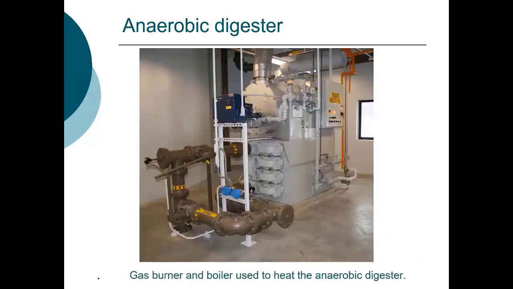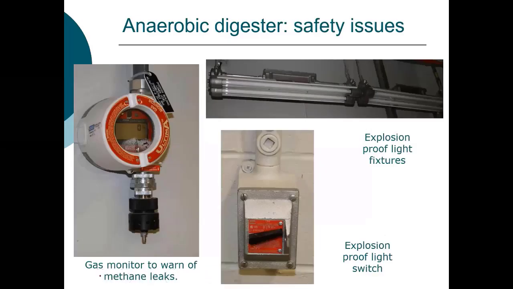This is the gas burner and boiler used to heat the anaerobic digester. It's very typical. There are significant safety issues. So what you see here is a gas monitor to ensure that we don't have any leaks of methane. Methane is an explosive gas. We have an explosion-proof light switch.